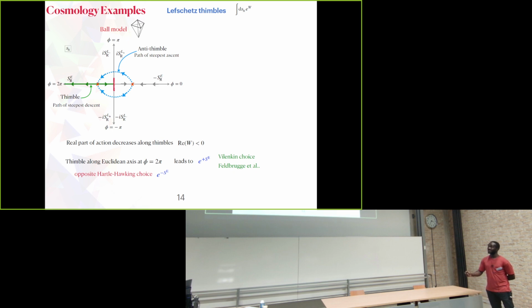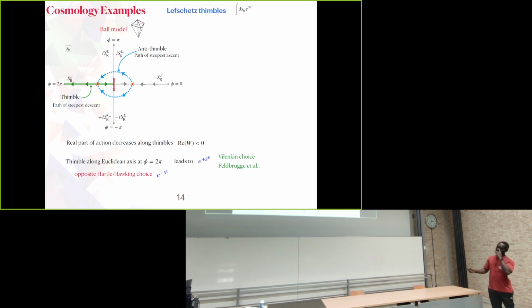It lies on the phi equal to 2 pi axis, which means that it picks up this Euclidean action here. And I have blue here. We call them the antithimbles, which act opposite to the thimbles. There the paths are steeply ascending.